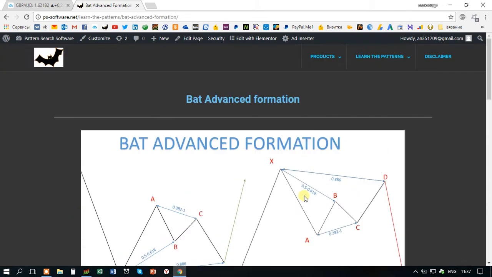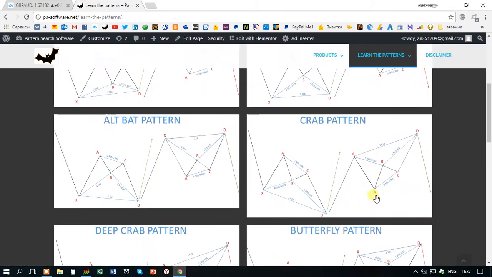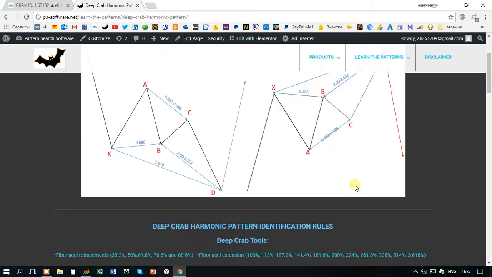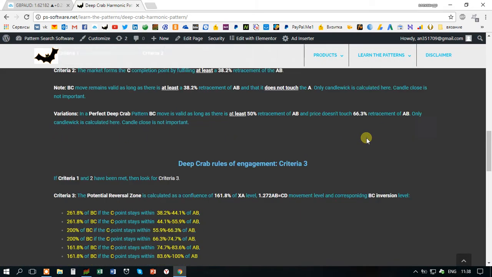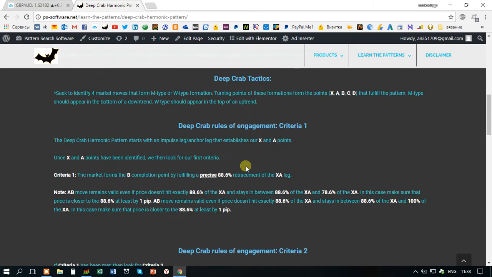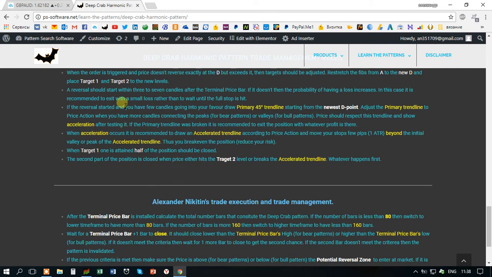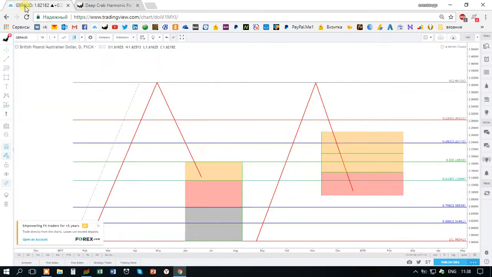So for all those patterns, you click on the learn tab, choose the pattern you are interested in, click on the diagram, and you will have the detailed description, the identification rules, criteria number 1, criteria number 2, criteria number 3 of identification, execution rules, trade management rules, and my own rules as well.